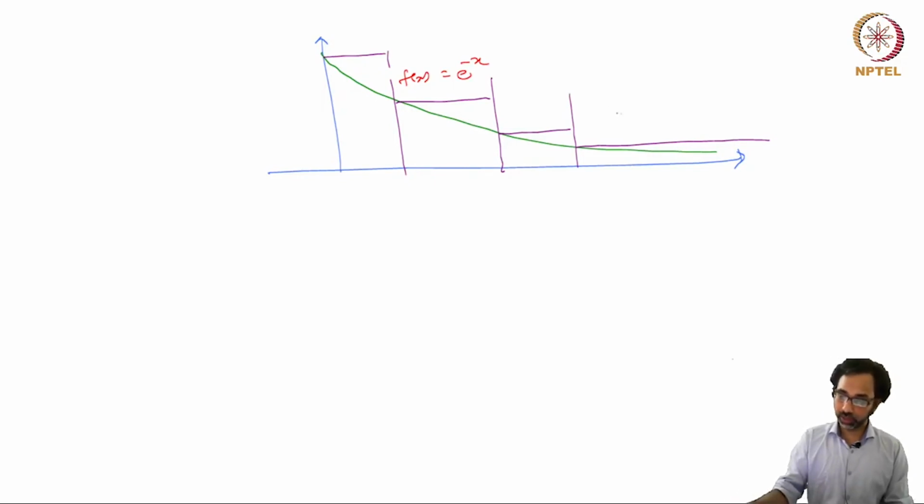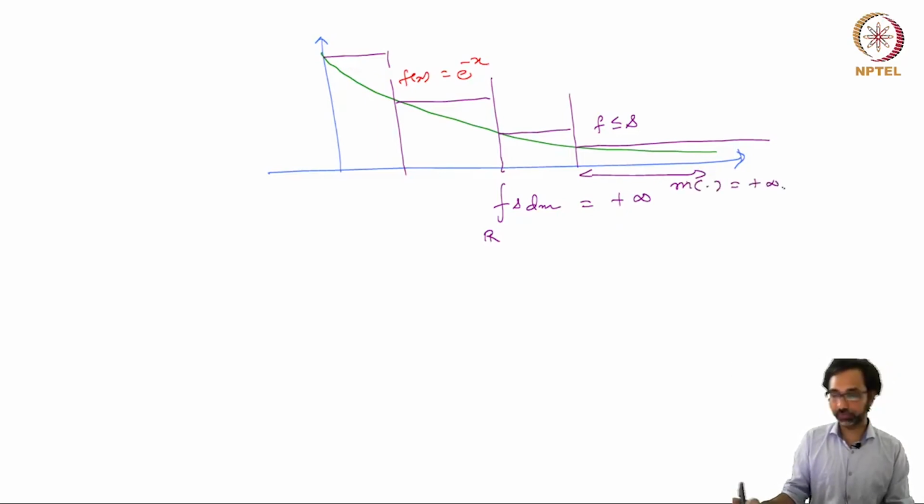So then if you write this function as s, we will have s bounded below by f everywhere, but the simple integral of s over R for the Lebesgue measure is going to be plus infinity, because the measure of this part is plus infinity.